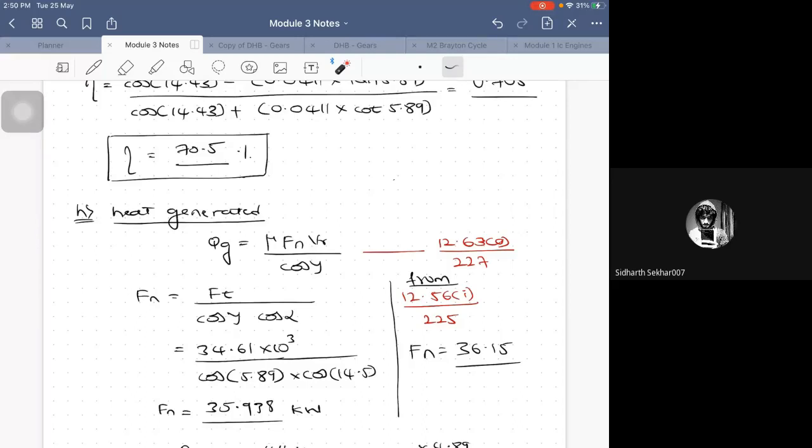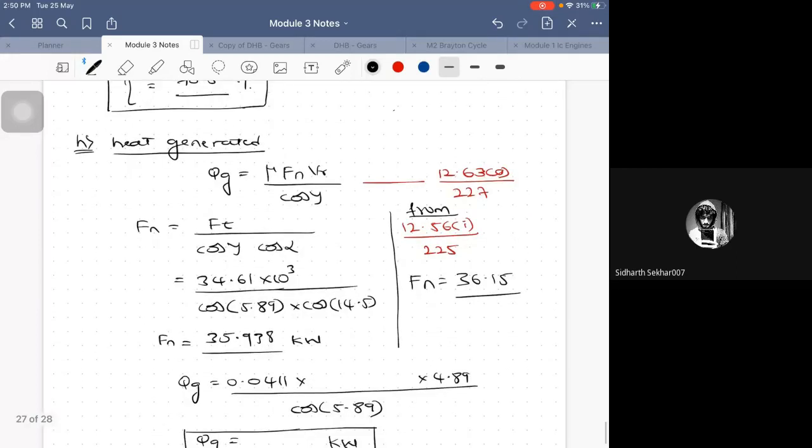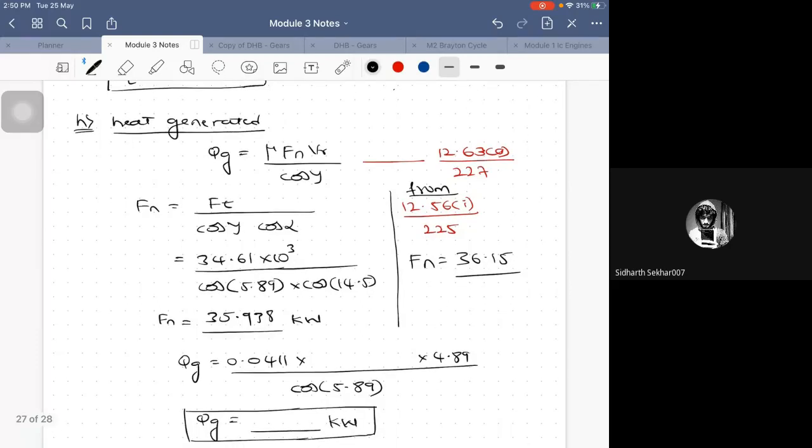Okay. Now, once you have calculated the value of Fn there, just calculate the value of Qg. So I would take this particular value. I would take 36 rather. That would be a better thing.